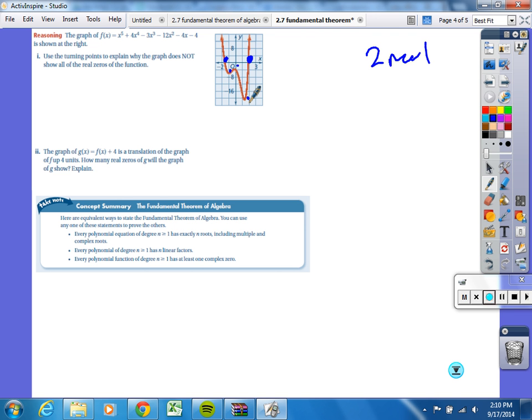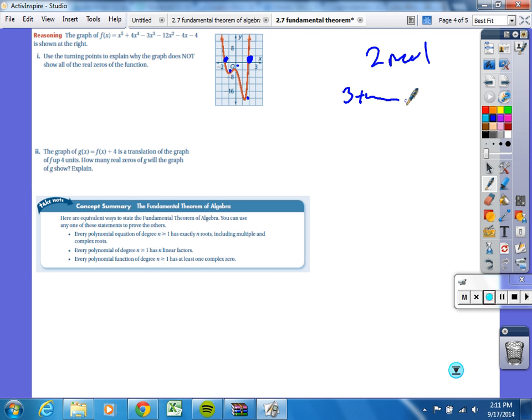Whoa. Notice, this is x to the 5th. That's exactly why I just said whoa. How many turning points can there be? 4, 2, or 0. So that's the question: how do we know it's not showing all the zeros?